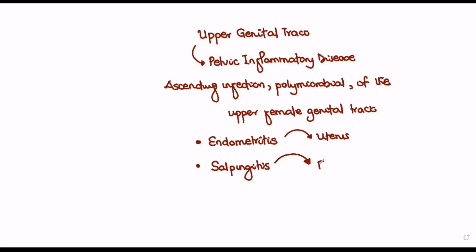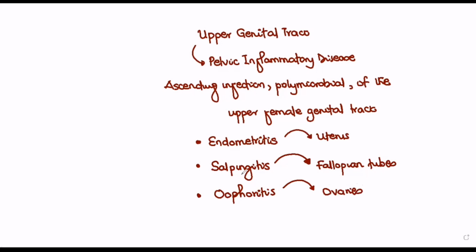So that's for the what? The uterine tubes or the fallopian tubes. Then the ovaries can also be affected, isn't it? Then we have oophoritis. The ovaries have also been affected.